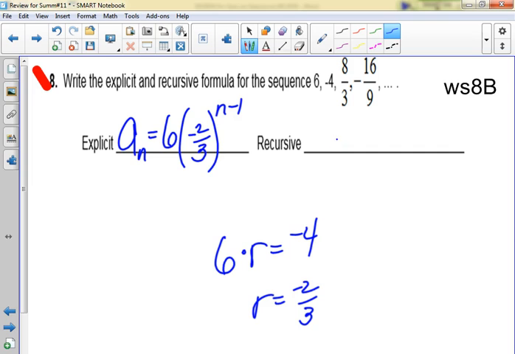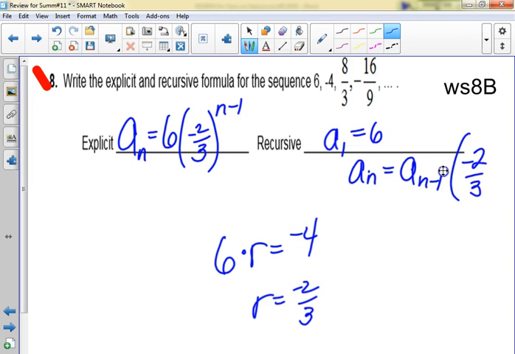Anybody have recursive? Which would, again, the way Isaac said it the first time, be a better way to write it. -2/3 times the previous term.